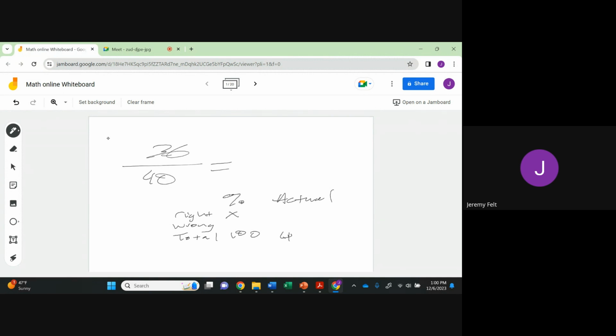Okay, set it up in a ratio, x over 100 equals 36 out of 40, cross multiply and divide. And we get 90. So x, or how many we got right, equals 90%.